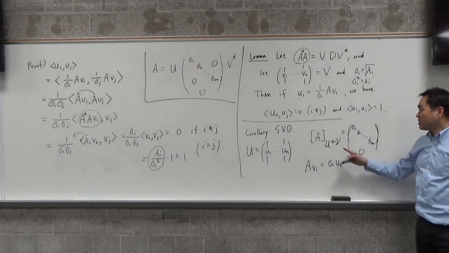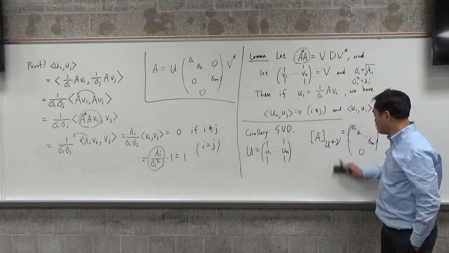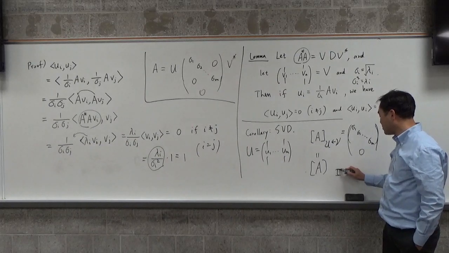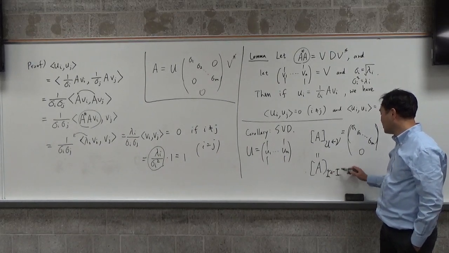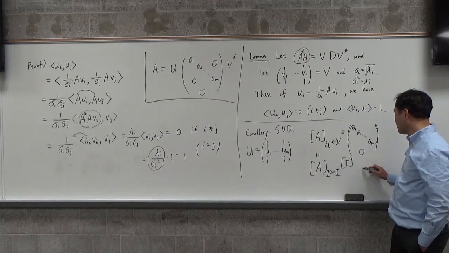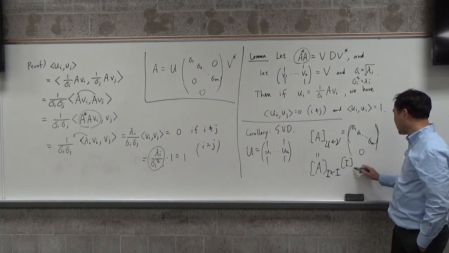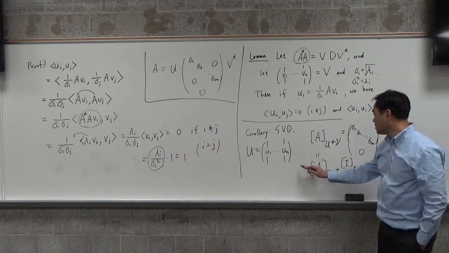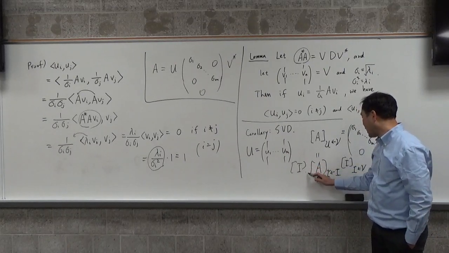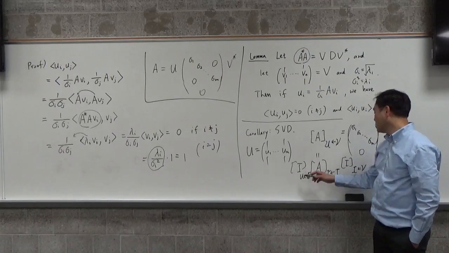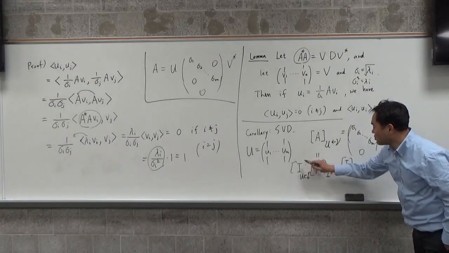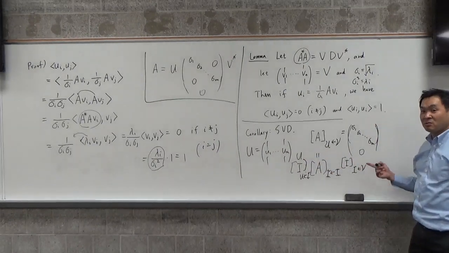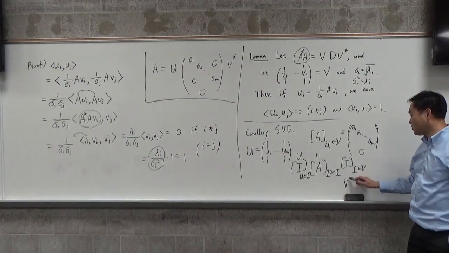So you can have 0 here or there, but anyway, you get a diagonal matrix if you choose the right basis. Okay? And this really means, what is this? This is the same as A in the usual standard basis, which I'll call the standard basis I. And then identity from basis V to I, and then identity from basis I to U. It's hard to track which is which, but I think this will be your matrix U, and this will be the inverse of matrix V. But V is unitary, so V inverse can be written as V star.